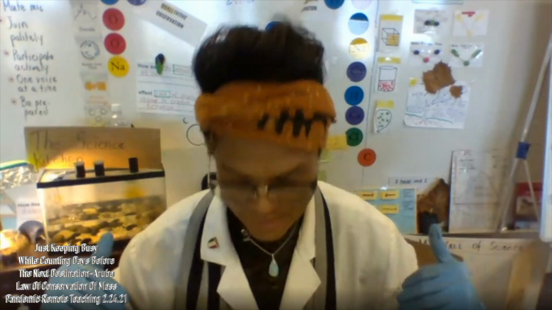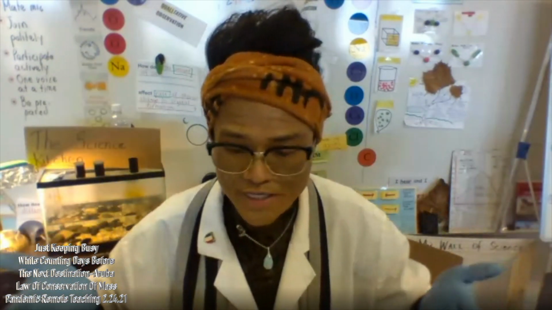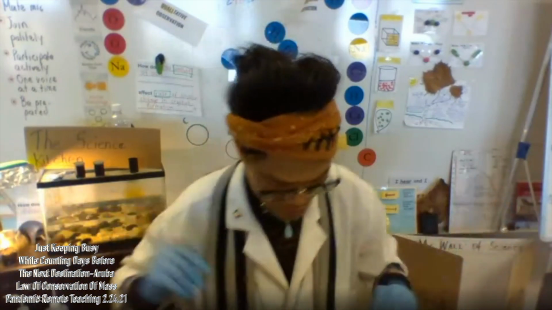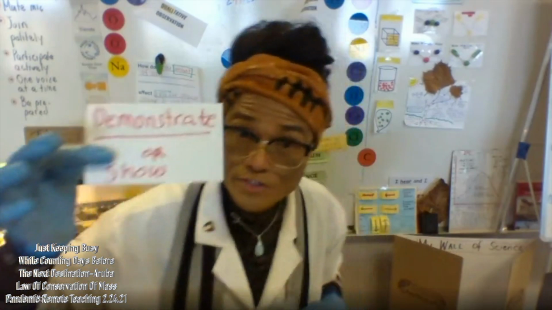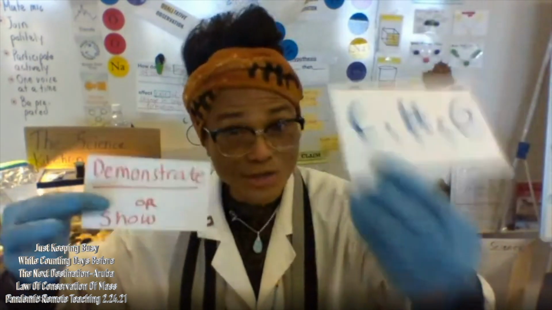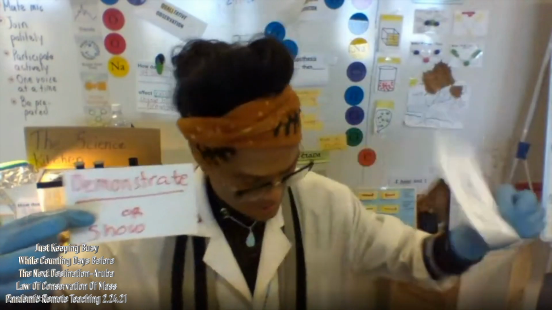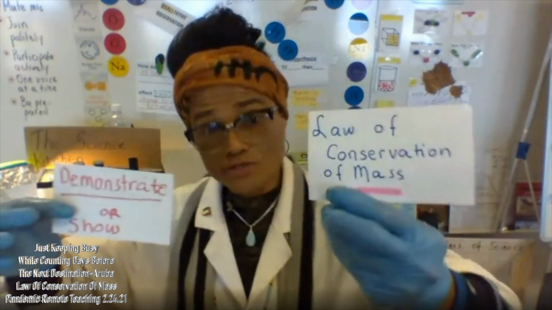All right. Last few steps. Remember, our goal is to find out if this follows or demonstrates the law of conservation of mass. Oh, sorry. Okay, and we use these elements. The law of conservation of mass.